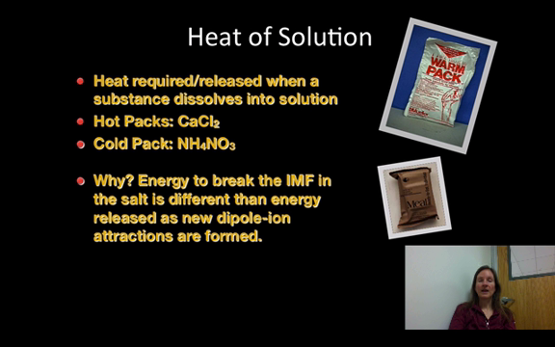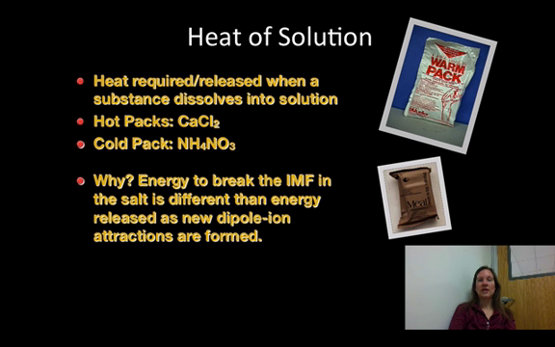Another way that we quantify enthalpy is if we are dissolving something. So if we have something that's dissolving, we have the ionic attraction between the salt breaking and new ion dipole attractions being formed. So we have a change in potential energy as we change the attraction.